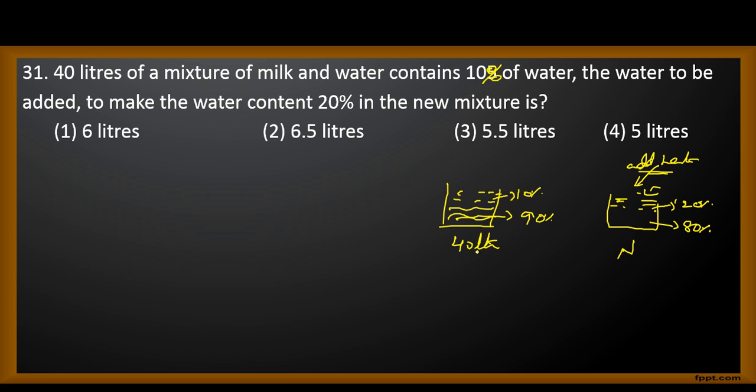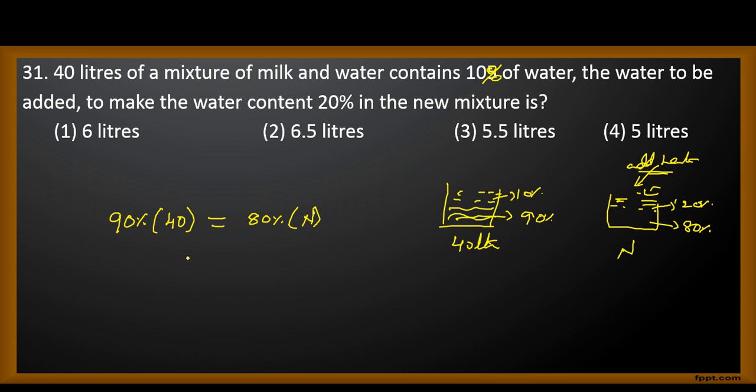If you observe both the cases, what is constant? The quantity of milk is constant. We have to equate the quantity of milk. So 90% of the first solution, which is 40 liters, must be equivalent to, in the second solution, what is the milk percentage? 80% of the new solution.